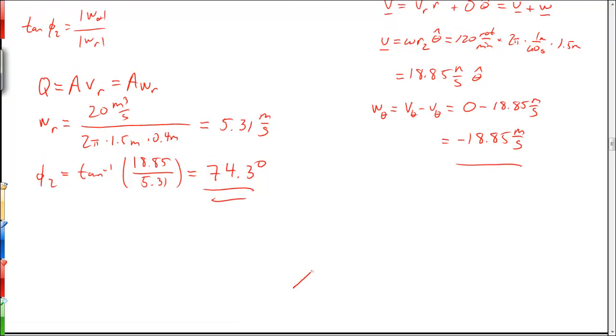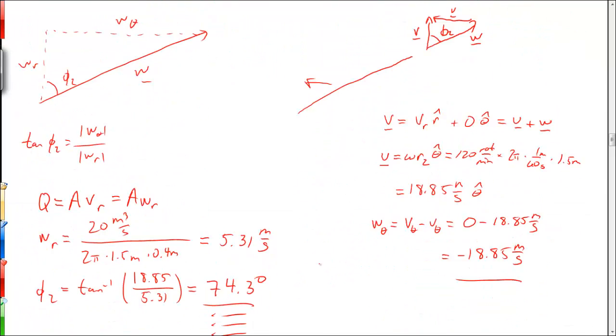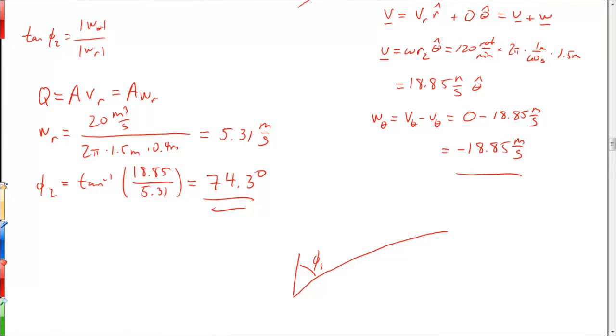So to recap, our rotor blades will look something like this, where this angle, phi1, is equal to 39.84, so almost 40 degrees. I'll put a little squiggly here, almost 40 degrees. And this outlet angle is quite tipped at 74.3 degrees. So phi2 is roughly 74 degrees.